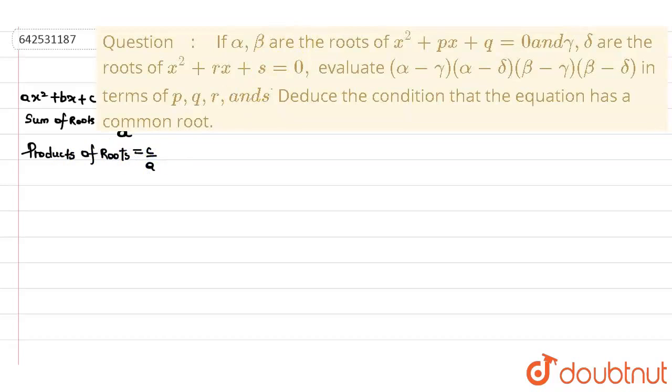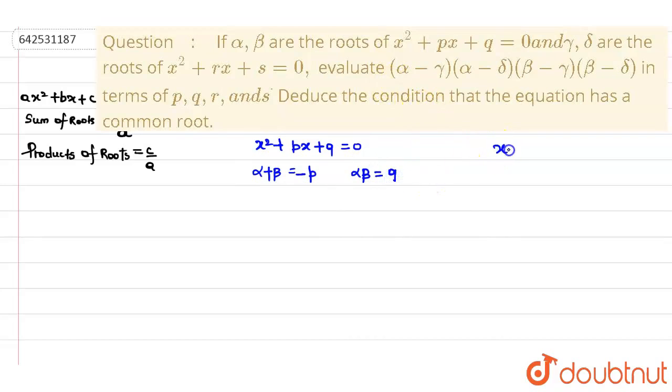By using these equations, I can say x square plus px plus q is equal to 0, and if alpha, beta are the roots, that means alpha plus beta is equal to minus p, and alpha beta is equal to q.